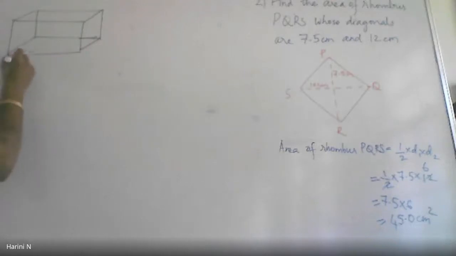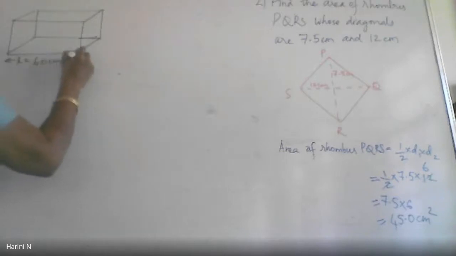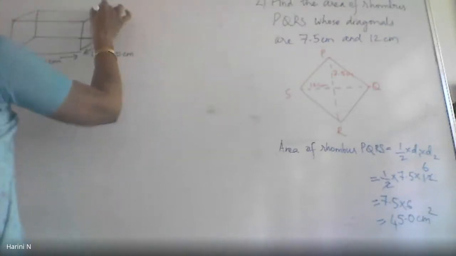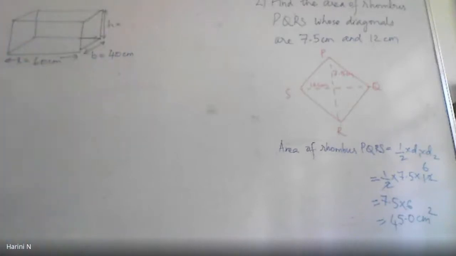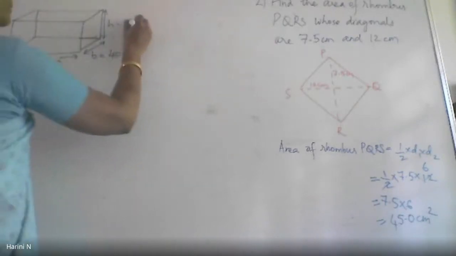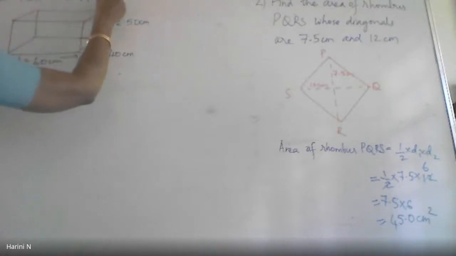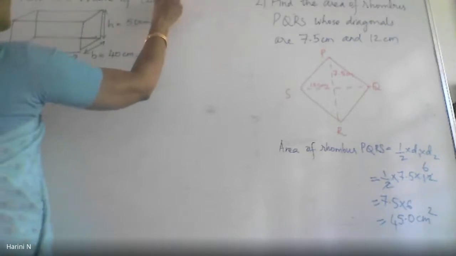That is the length is given as 60 centimeters, the breadth is given as 40 centimeters and the height is given as 50 centimeters. You are asked to find both the total surface area and the volume of the cuboid. Find TSA and volume of cuboid.